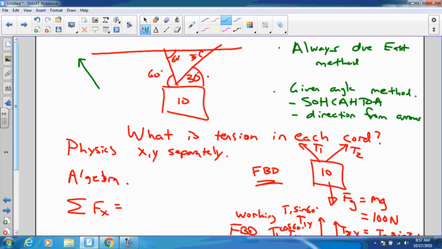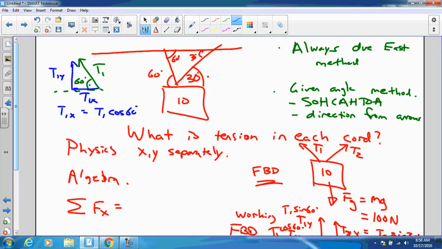So in this particular case, I have a T1, was it? Yep, a T1 that's pointing backwards, and it makes an angle at 60 degrees from due west. So that when I draw the components, the values of those components, T1x and T1y, can be found from T1 by recognizing that T1x is adjacent to my 60-degree angle, and therefore T1x is going to be equal to T1 cosine 60 degrees because adjacent.